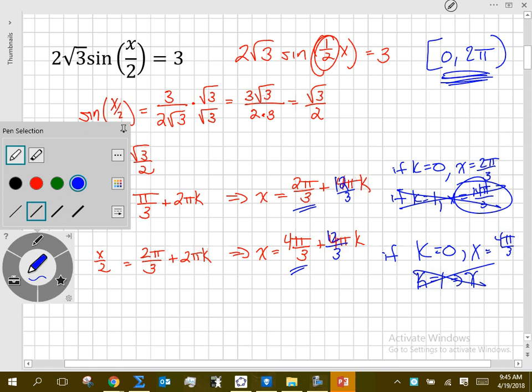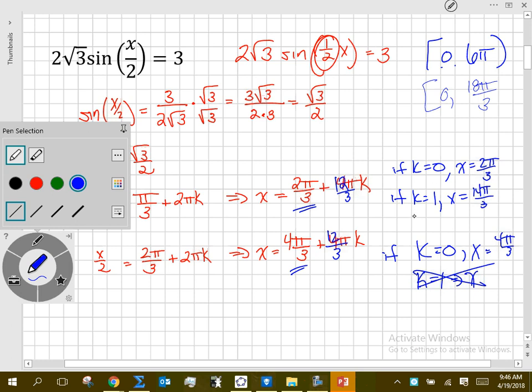Okay? Now, what if that interval was different? What if the question said, find answers between 0 and 6 pi? Do I then keep that answer? Because 6 pi, and this might be a way of doing this, 6 pi is the same thing as 18 pi over 3, isn't it? Is 14 pi over 3 less than that?